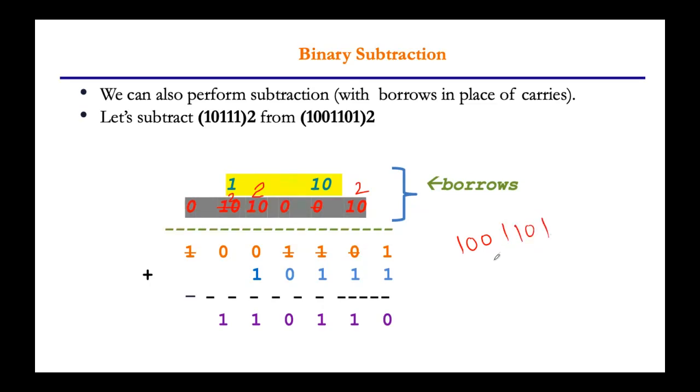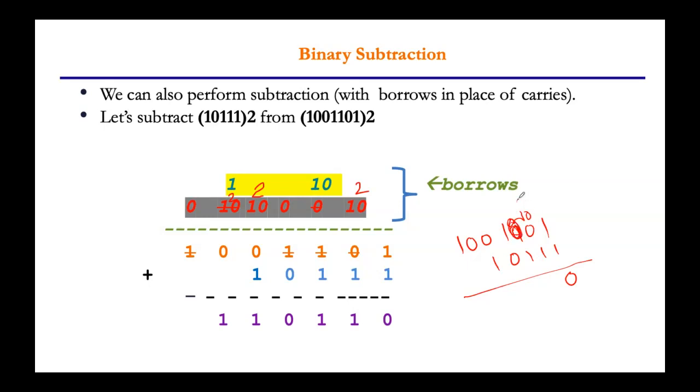From that number you are trying to subtract 1 1 1. Then 1 minus 1 is 0, but 0 minus 1 is not possible. So take the borrow here. When you take the borrow, this becomes 0, and this 1 becomes 10. So when this 1 is borrowed, it becomes 0 here. This becomes 0. This becomes 0.